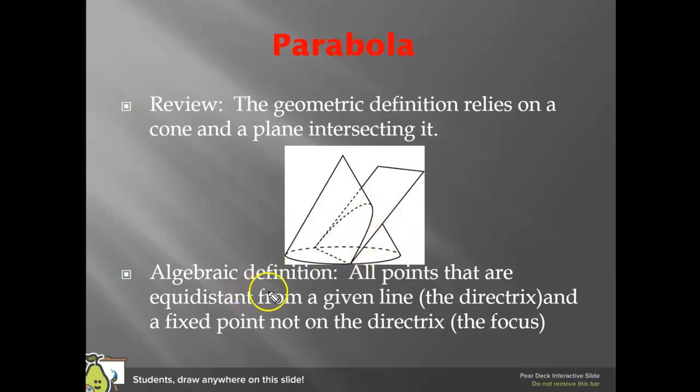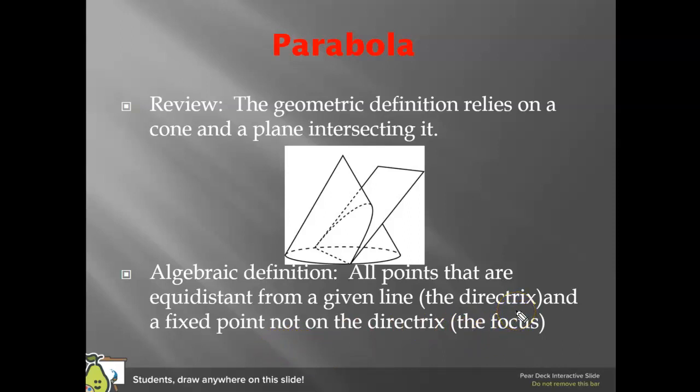Now, there is an algebraic definition of this geometric shape, and it's all the points that are equidistant, remember that means same distance, from a given line, which we call the directrix, and a fixed point that is not on the directrix, the focus.